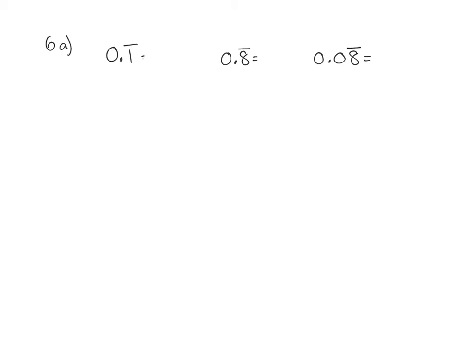So 0.1 repeating gives us 1 out of 9. 0.8 repeating is 8 out of 9. And 0.08 repeating is 8 out of 90. And we get the 9 because there's one place that's repeating, and the 0 because there's one place that's not repeating. Now they're going to give us some blanks.